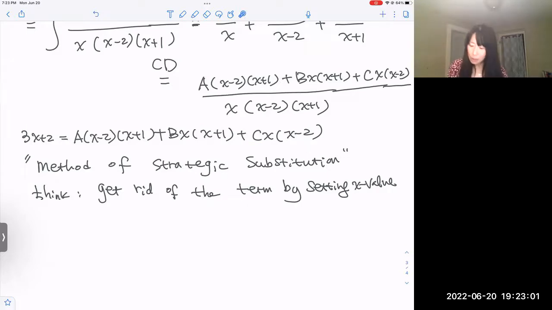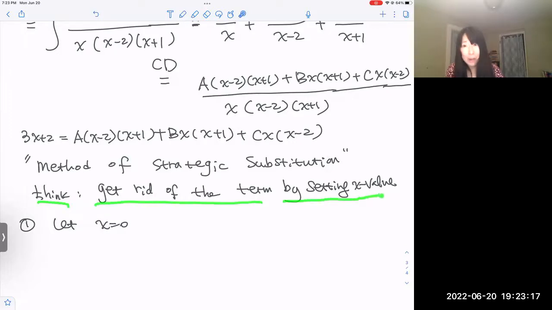So let x equal 0. I say get rid of a term by setting the x value, right? Setting x to 0, the third term will be 0. Can you see that?